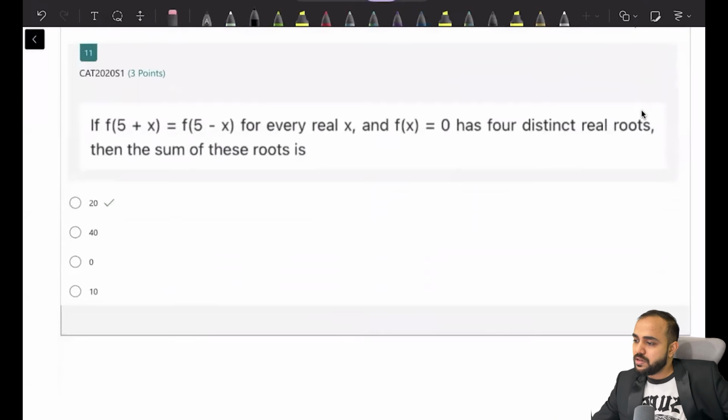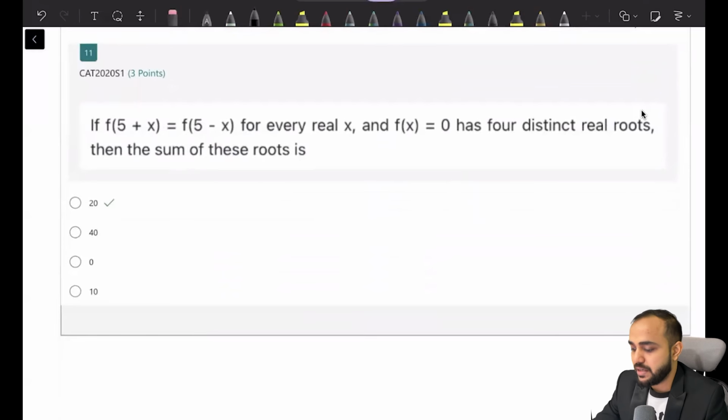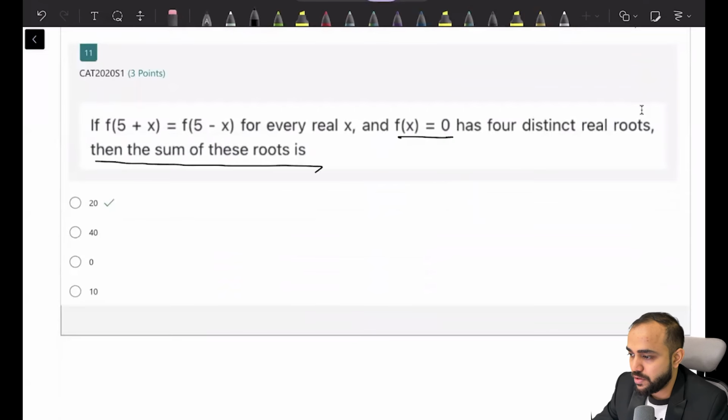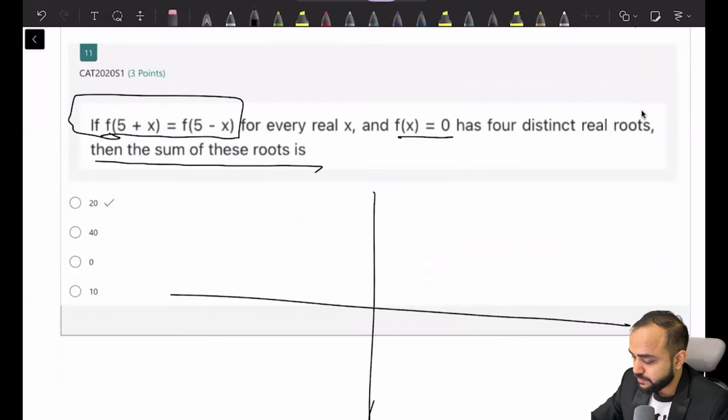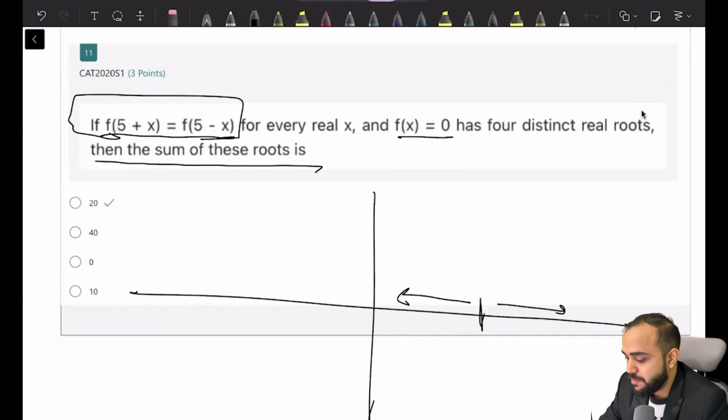So this was a question that CAT had asked. F of 5 plus x is equal to f of 5 minus x for every real x, and f of x is equal to 0 has four distinct real roots. Then the sum of these roots is what? Now, can you see that this is symmetrical around x is equal to 5? Because if you go any distance x after 5, the output will be the same when you go x distance before 5, which is 5 minus x.